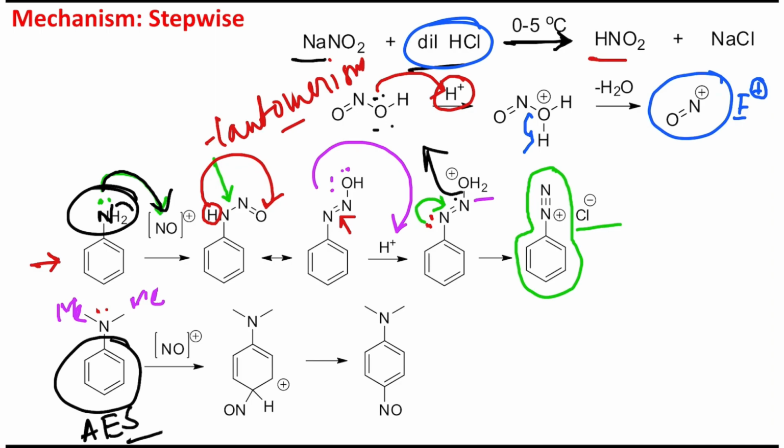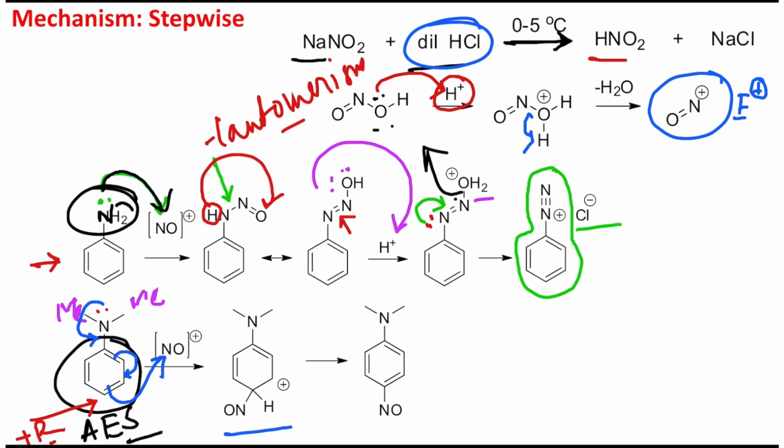And remember, student, when nitrogen is attached to a benzene nucleus, its ortho position faces two effects, both -I and +R, but the para position faces the +R effect only. So that's why here this lone pair pushes, it goes and attacks this NO+, and ultimately it produces the sigma complex.